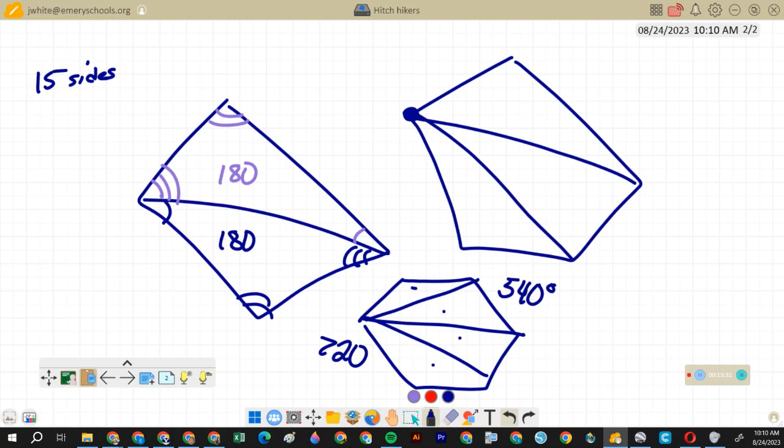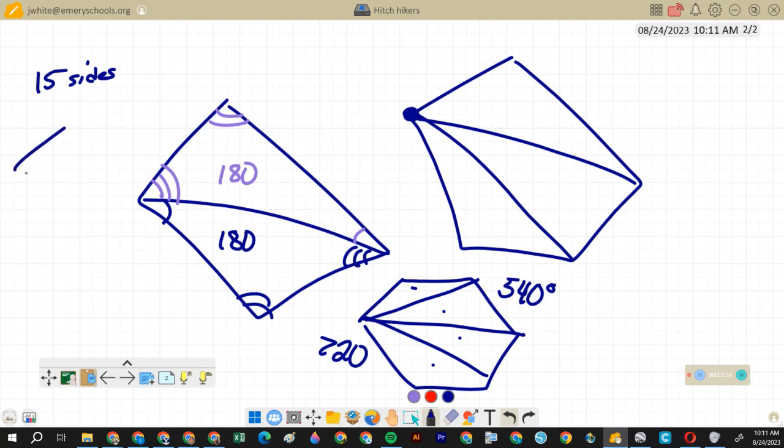Why 13? Oh, you saw the formula. Good. How many triangles does a polygon have? Well, it depends on how many sides there are. What's the relationship between the number of sides and the number of triangles?